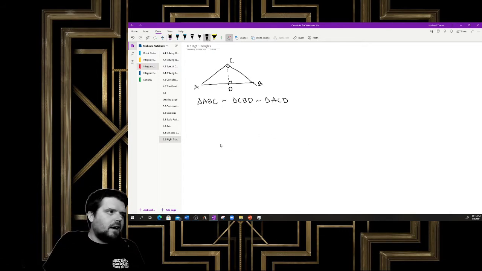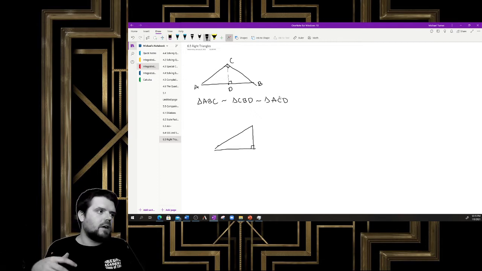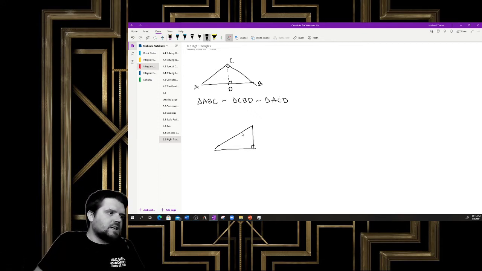Rather than writing a congruency statement or being asked to justify your response, because we could do a number of things here, we could do angle side angle, side angle side similarity, or side side side similarity, instead, most commonly in questions involving 6.5, what you'll be asked to do is to solve for a missing value.